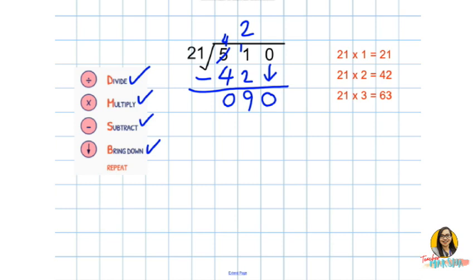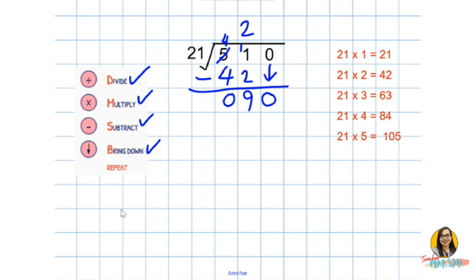So what I'm going to do here is continue listing down the multiples of 21. We stopped with 21 times 3. I'm going to go ahead and multiply it by 4. I've got 84. And 21 times 5 is 105. And from here, you will see that we can only get 4 groups of 21 from 90, and that is 84.